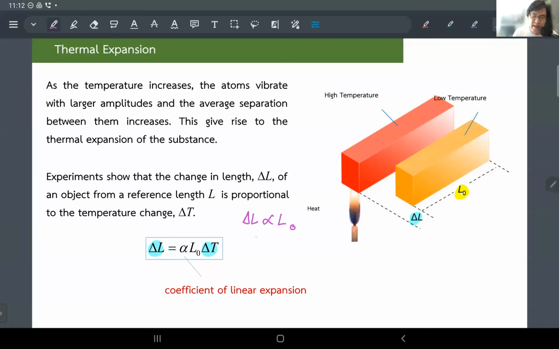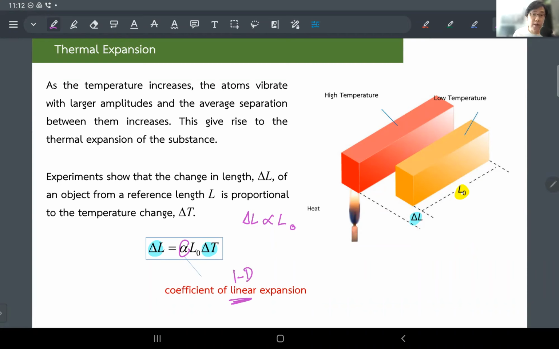And of course, there is another factor that governs how this expansion is going to happen, how good or how bad this material is going to expand. You can name that the coefficient of expansion. Because right now we are looking at a single dimension, along the length, what we are looking at is the linear. Every time you talk about the linear, that's one dimension.